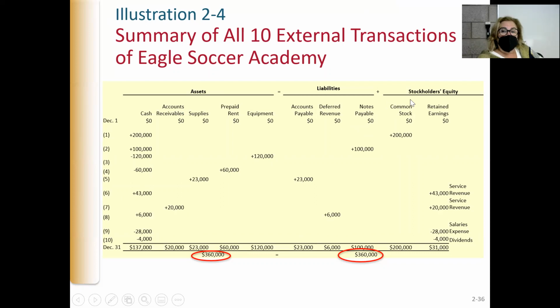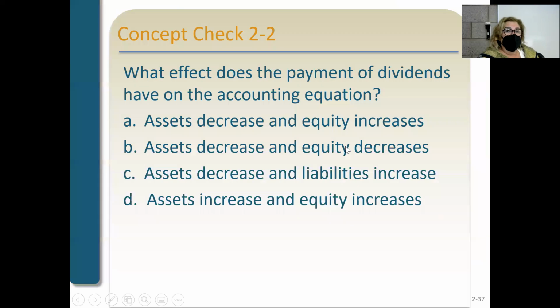And then our stockholders' equity, we have common stock and retained earnings. But we've realized that for retained earnings, revenues increase it, expenses decrease it, and dividends decrease it. So guys, look, we still balance. Our assets still equal our liabilities plus our stockholders' equity.